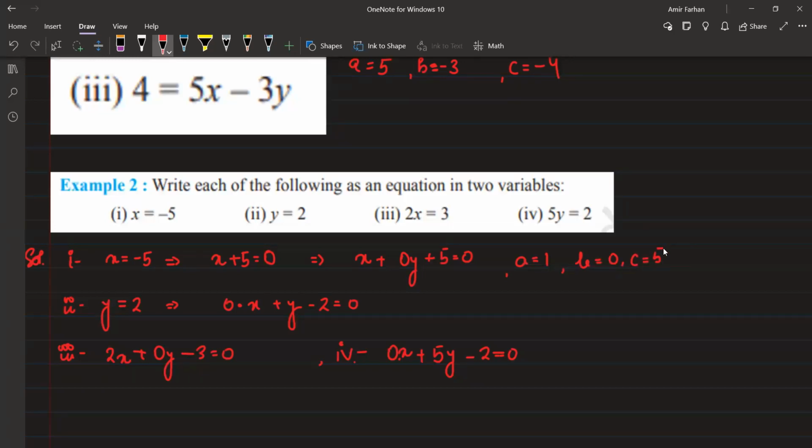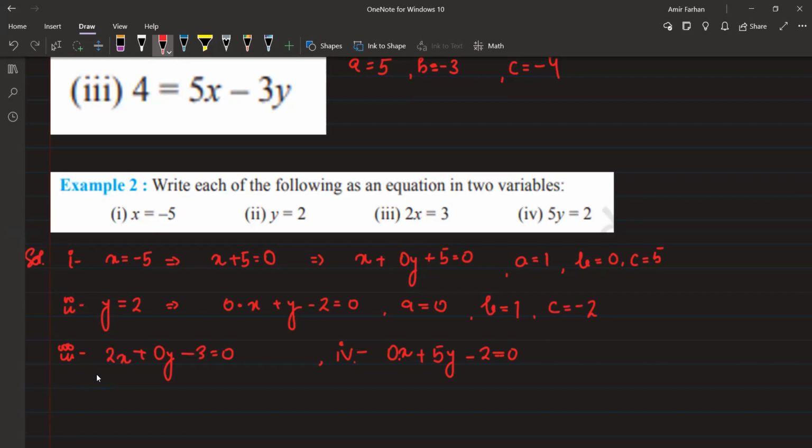Very good. Second one: A is 0, B is 1, C is minus 2.